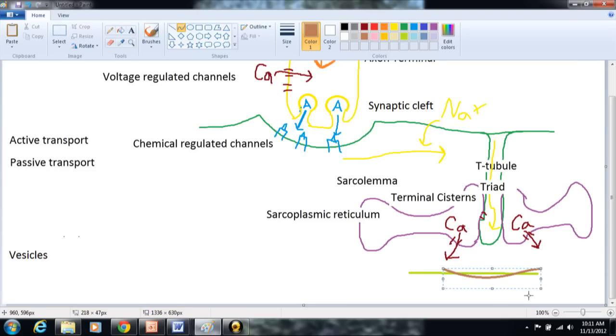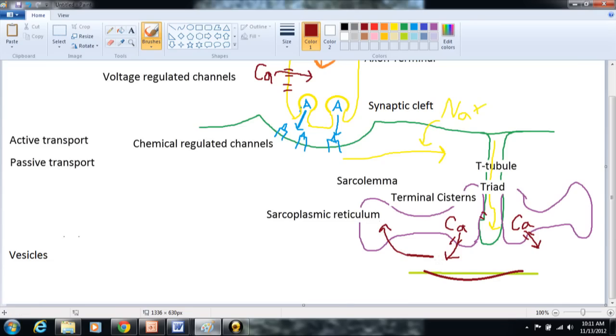Okay? When the muscle is done, that shifts back because calcium is then pumped back into the cell. Okay, so when there's no more calcium, that shifts back and it blocks the myosin binding sites.